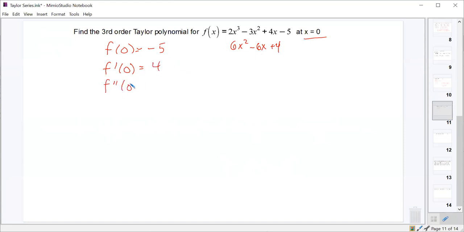And what should f double prime of 0 be? Looks like it should be -6. And what should f triple prime of 0 be? Looks like it should be 12. Do y'all agree with those? Just by taking 3 derivatives there. I hope.